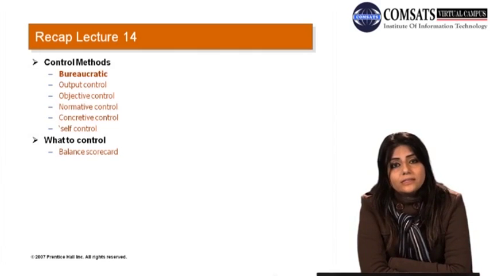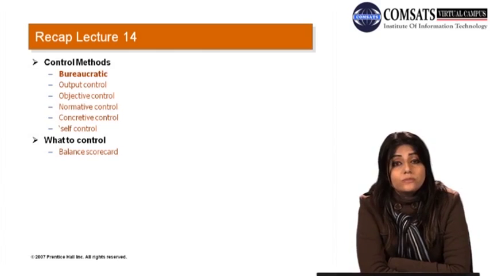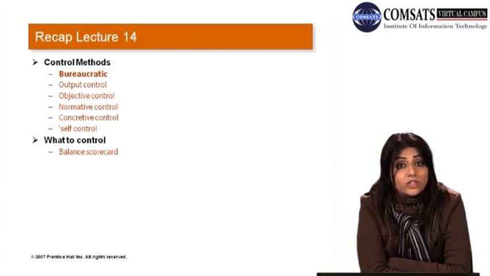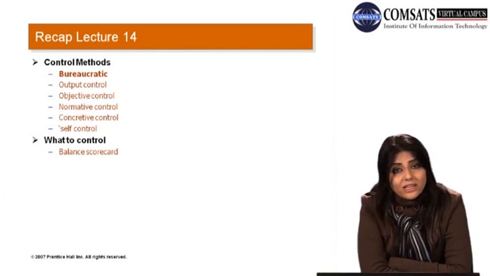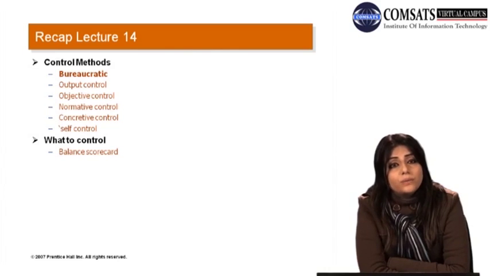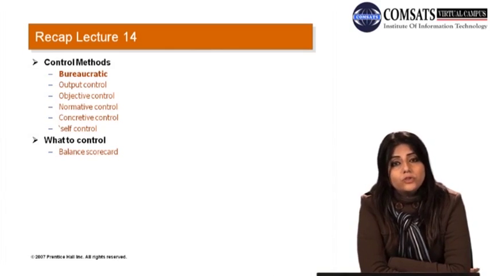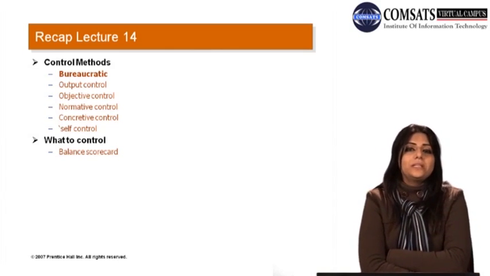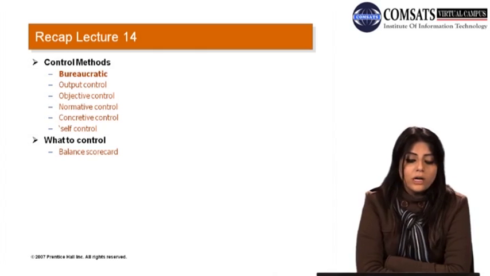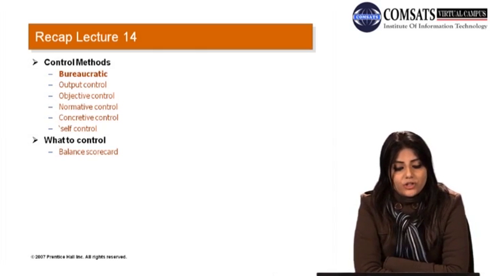Then we had a discussion on normative control, which is more subjective, where you try to mold the behavior of individuals in response to the organizational culture, values, and norms. Not very clear rules and policies are stipulated, but the organizational norms and culture are guidelines for individuals to behave in certain ways and dictate the do's and don'ts of operating in the organization.